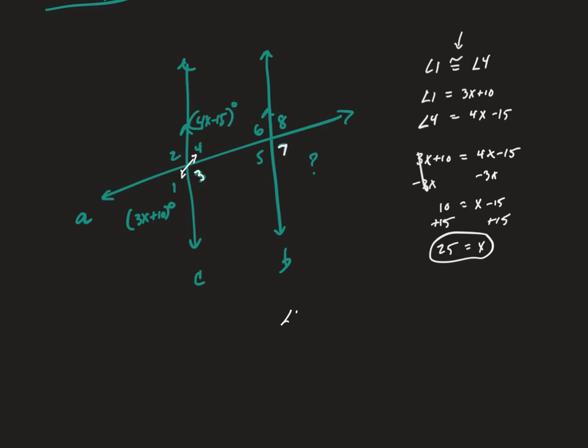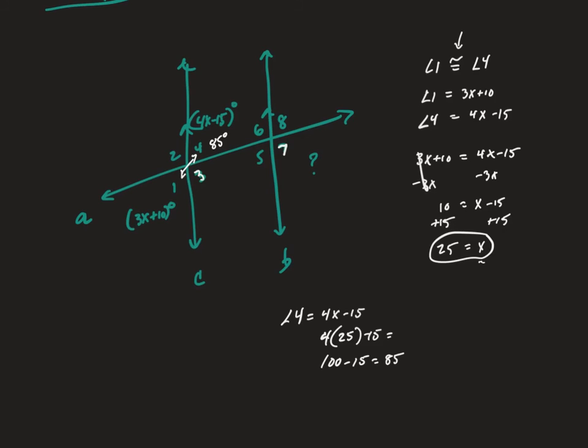So angle 4 is equal to 4x minus 15, which, doing the substitution here, is going to be 4 times 25 minus 15, which is 100 minus 15, which is 85. So I know then that angle 4 is going to be 85 degrees. If angle 4 is 85, so is angle 1.